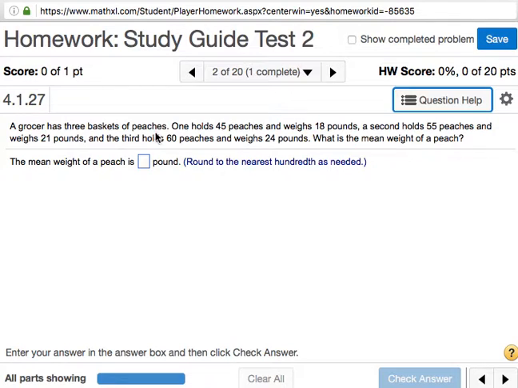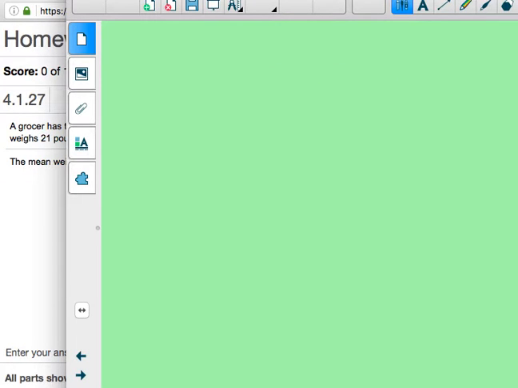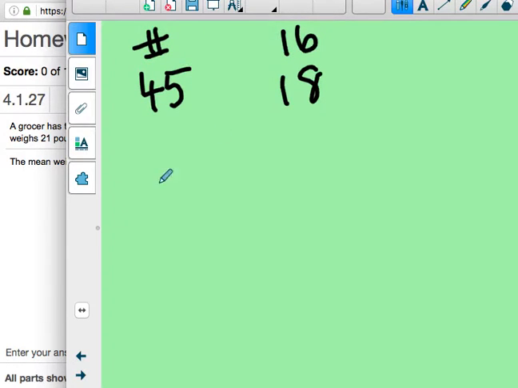So let me take a look at this first problem with you. It says a grocer has 3 bags of peaches. One has 45 peaches and weighs 18 pounds. So let's write that down there. We've got 45 peaches and 18 pounds. This is the number of peaches, this is the number of pounds.